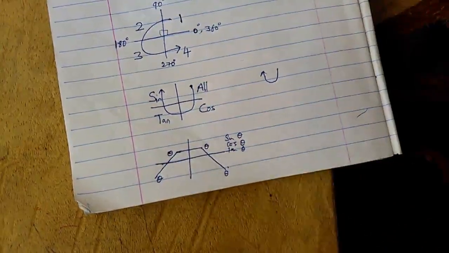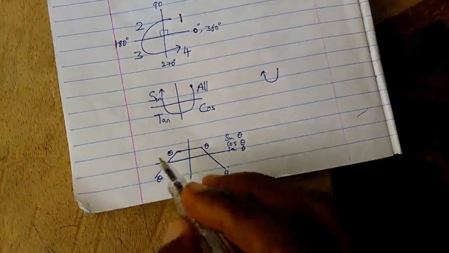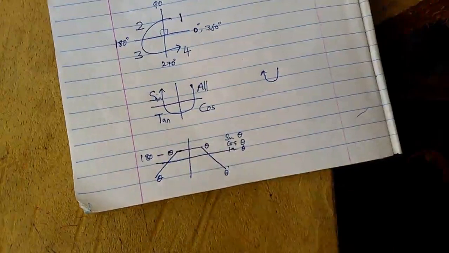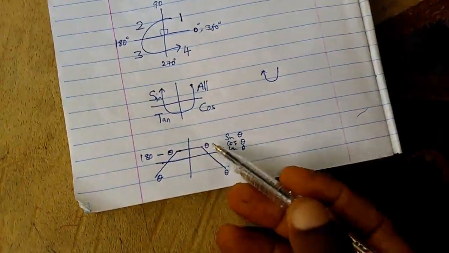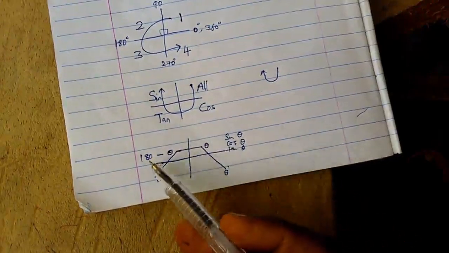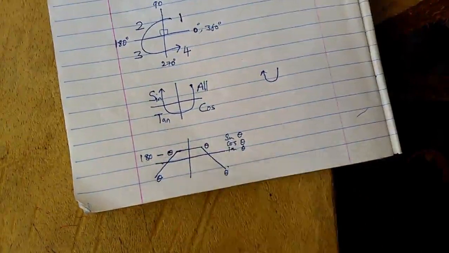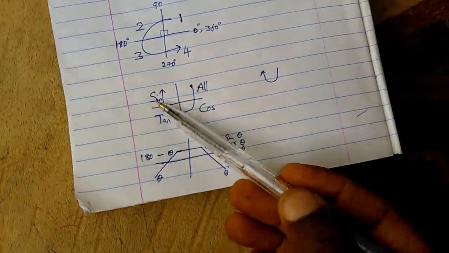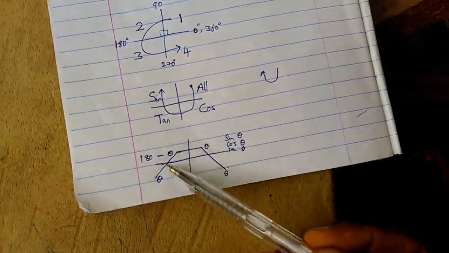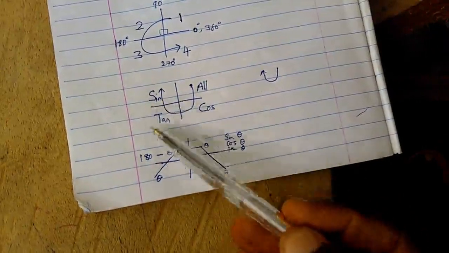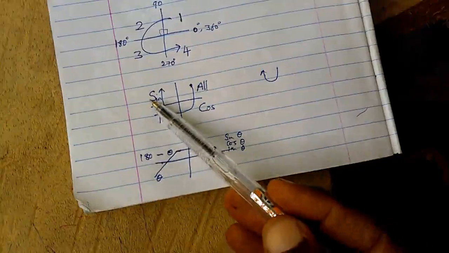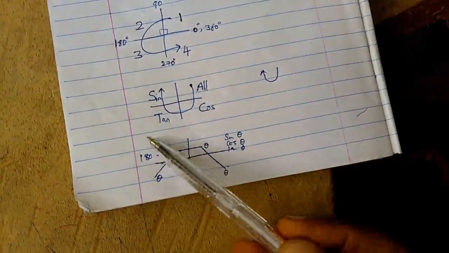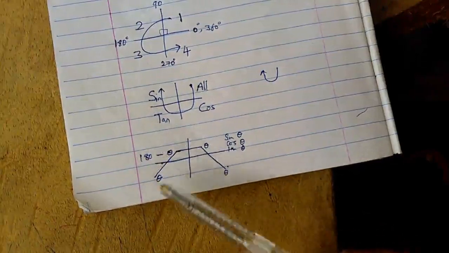Now in the second quadrant, it's going to be 180 degrees minus theta. Whatever angle you are given in this quadrant, you subtract it from 180. Then it will be plus sine of this angle, minus cos of this angle, and minus tan of this angle. Because in this quadrant, only sine is positive.